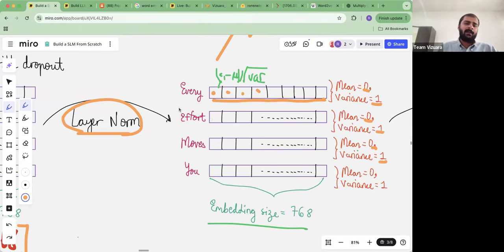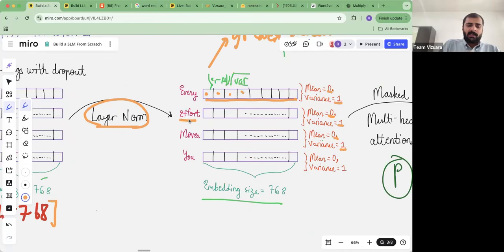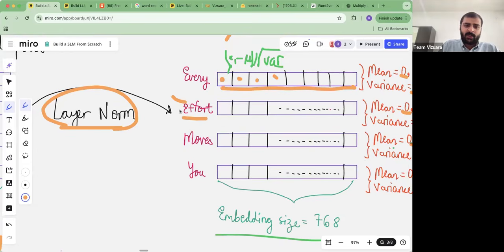And this is a big problem because if you look at language modeling, unless every word knows all the other words surrounding it, how do you know about the context? Context is extremely important in language understanding. Every token should have information of all its neighboring tokens.